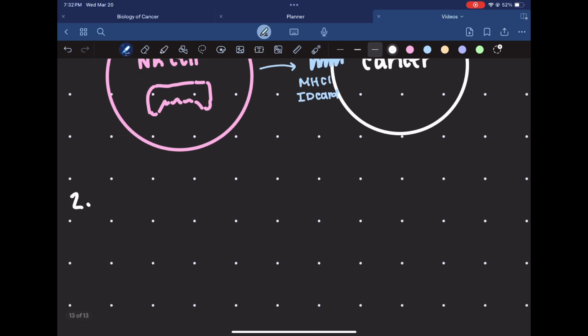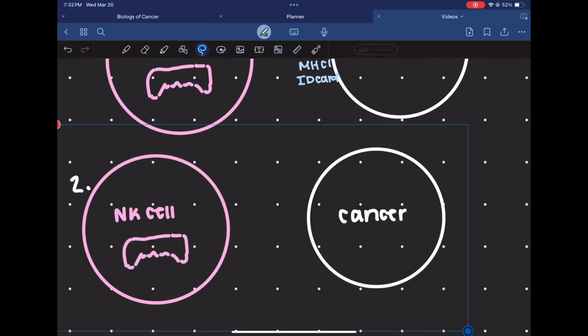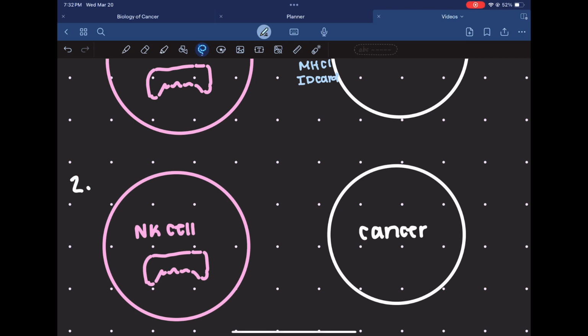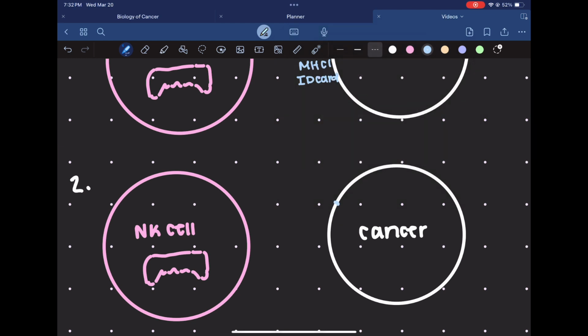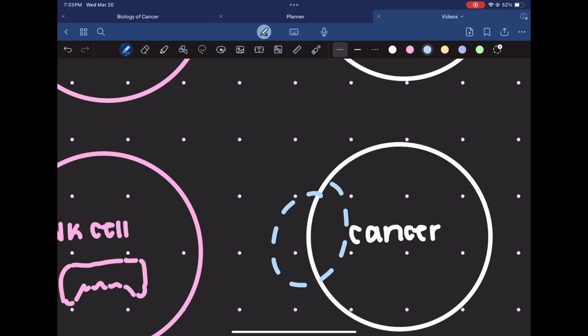All right. For our second scenario, we have our NK cell and our cancer cell. And in this case, we're going to have no MHC1 molecule. So instead of having MHC1, we're just lacking this molecule.